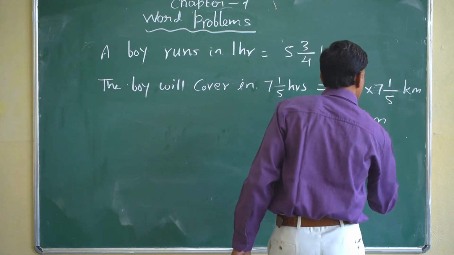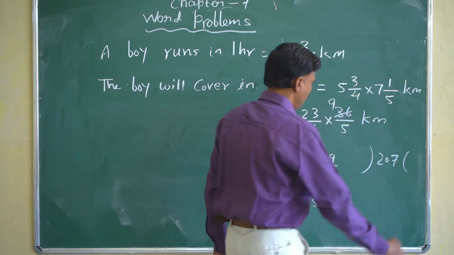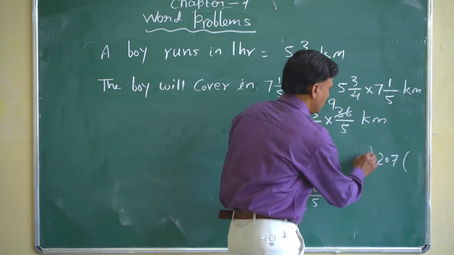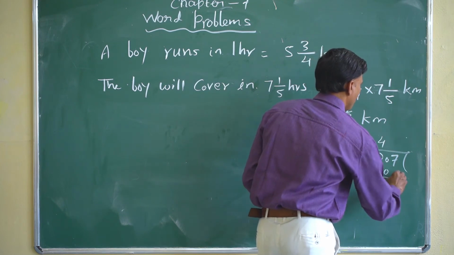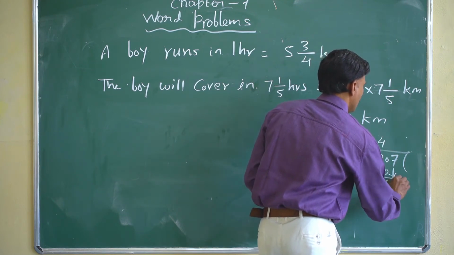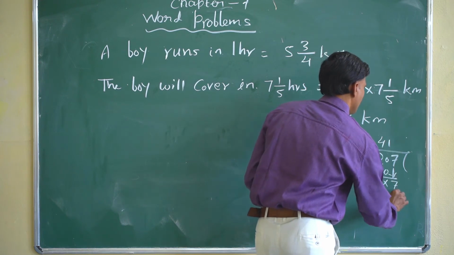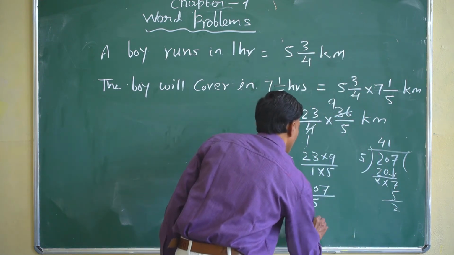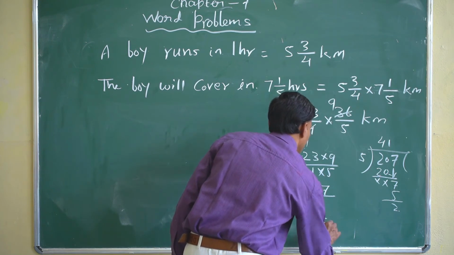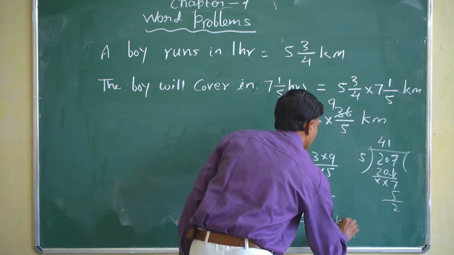207 will be divided by 5. So how many times? 5 fours are 20, then 1 time. So it will come 41 whole number 2 by 5 kilometer.